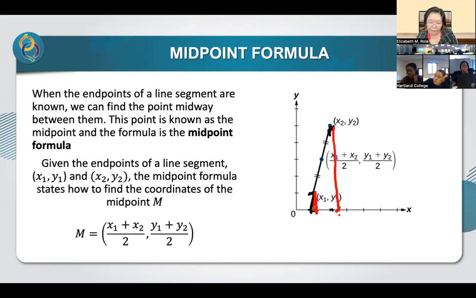So that's the reason why we add the two and divide by 2. So x sub 1 plus x sub 2 over 2, y sub 1 plus y sub 2 over 2. That's our midpoint formula.